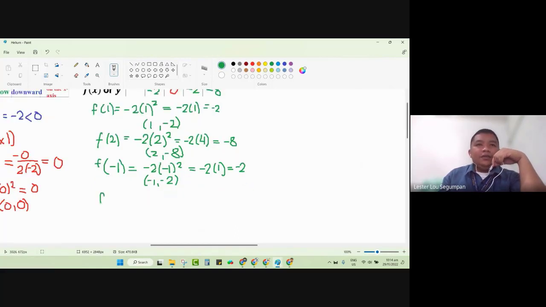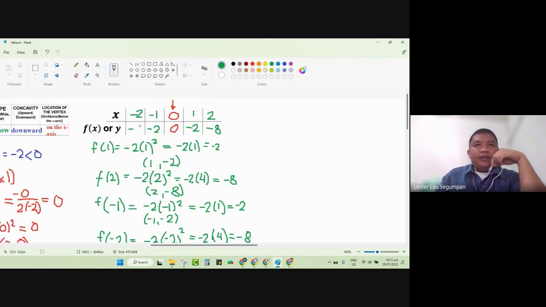And finally, you have f of negative 2. Substitute here. So negative 2 squared, you will get negative 2 times 4, and that's negative 8. So just like this, we have correct representations of our f of x.